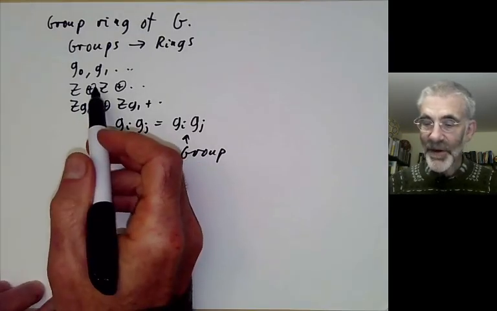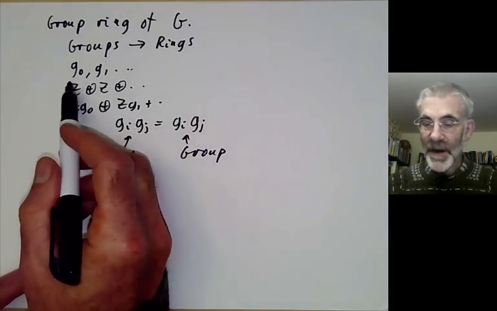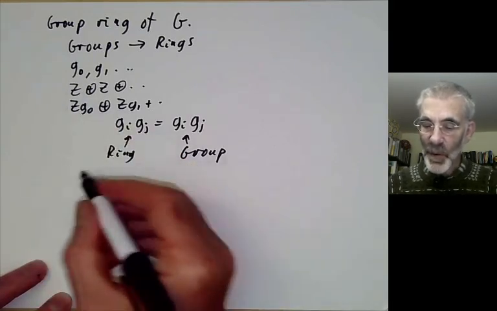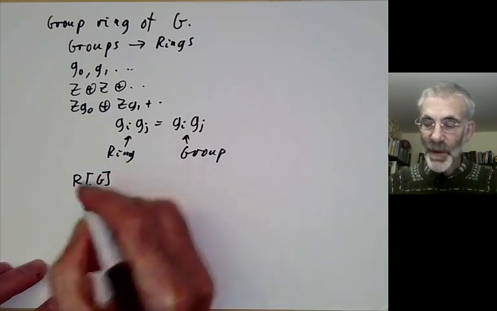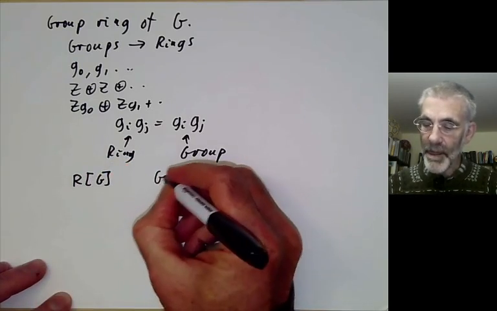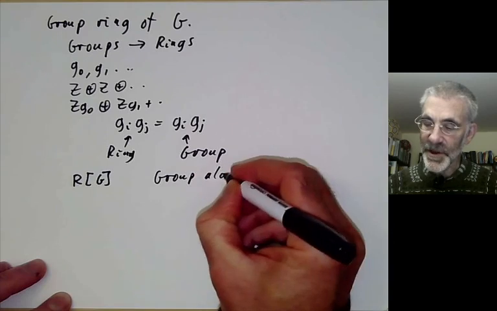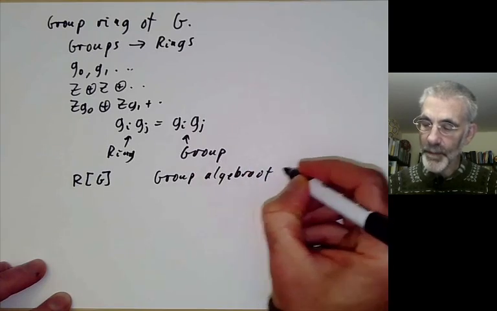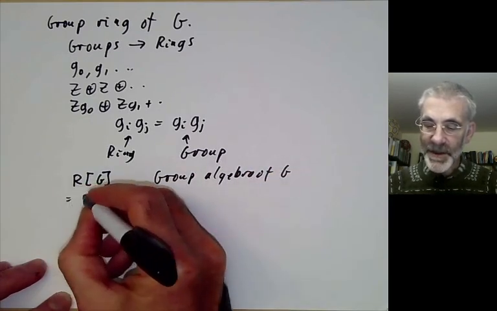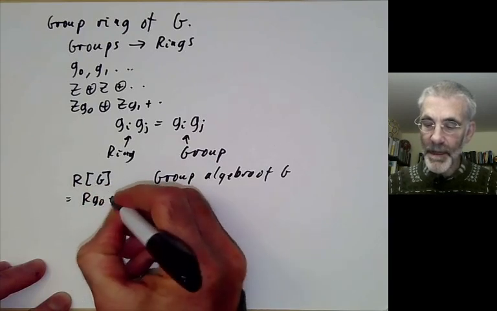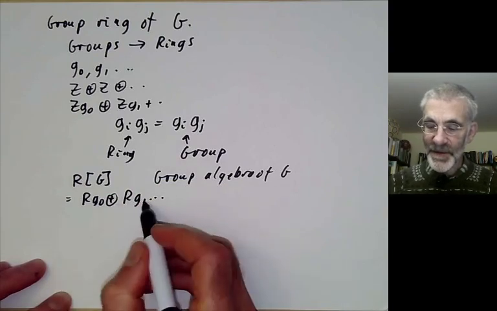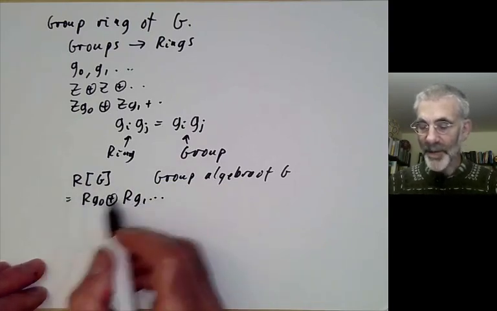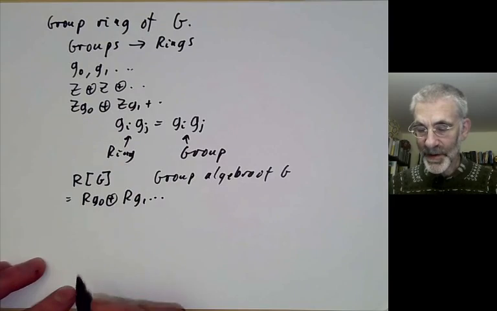Actually, it's useful to have a variation of this where instead of working over the integers Z, we work over some other ring R, usually commutative, and we take the group ring of G, so the group algebra of G over R, to be just a sum of copies of R for each element of the group G, and we just define the product just like that.